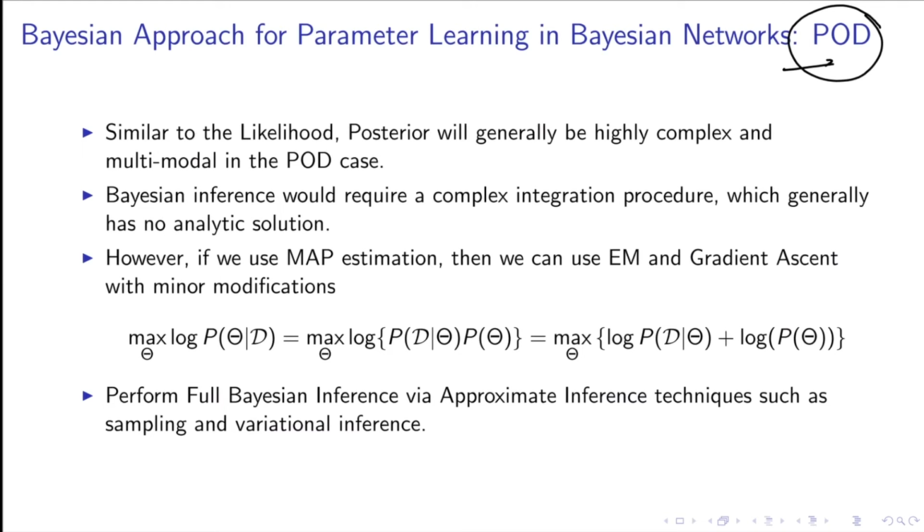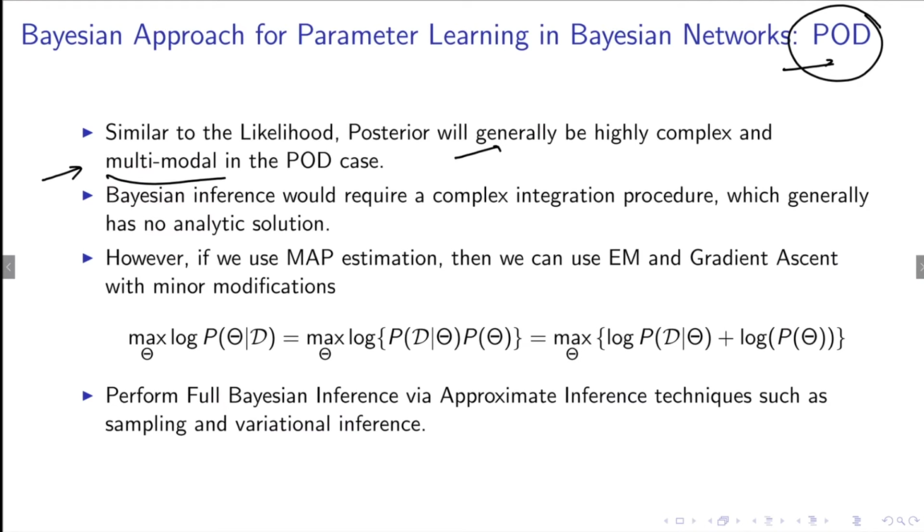Similarly, since the likelihood is going to be multimodal, the posterior, even if we make assumptions that the parameter priors are independent of each other, will still be highly complex, right? Because the likelihood is complex, and it will also be multimodal.